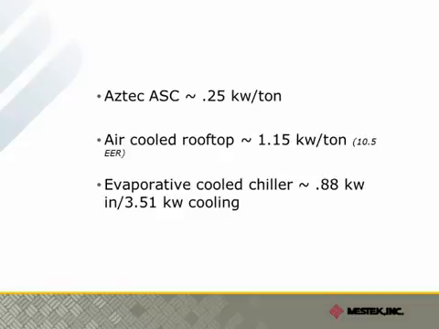Just to give you an idea of what an Aztec ASC can do for you, here are some rule of thumb electrical load figures for an Aztec indirect evaporative cooling unit versus a 10.5 EER air-cooled rooftop unit and a very efficient air-cooled chiller. Remember that 1 ton of cooling equals 3.51 kW of heat rejection, or about 12 servers operating at actual load, not nameplate.